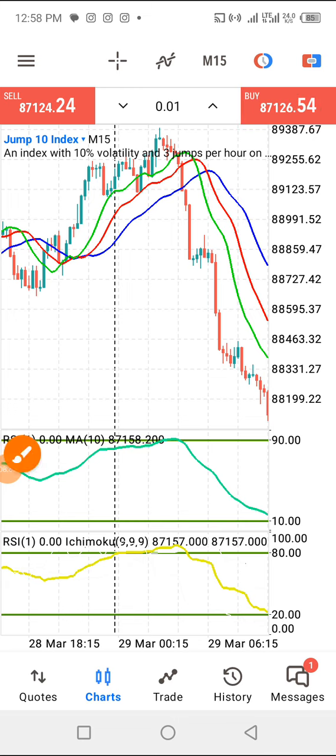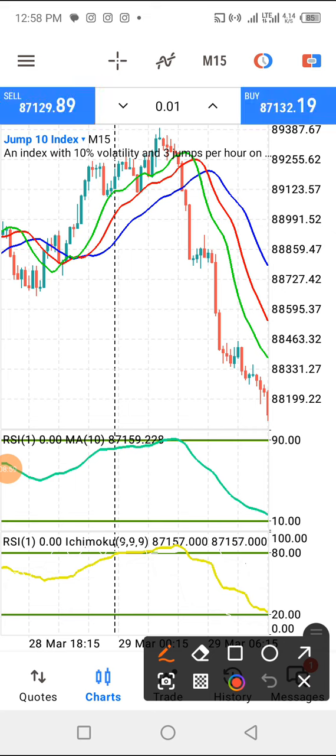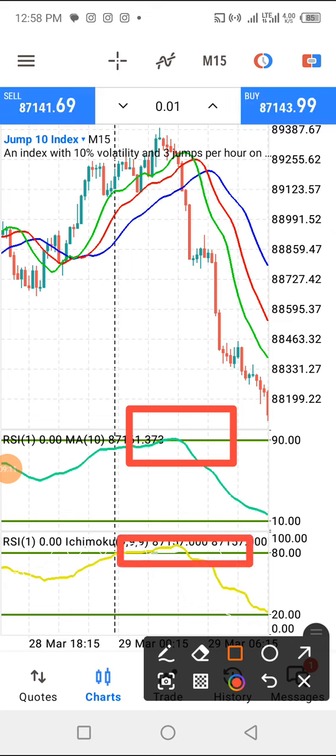Now, there is a theory behind this alligator, but before we decide to take entry, these are the conditions for entry. The first condition is we want to see our moving average in the first window touching level 90. Secondly, we want to see price in our second window touching level 80.